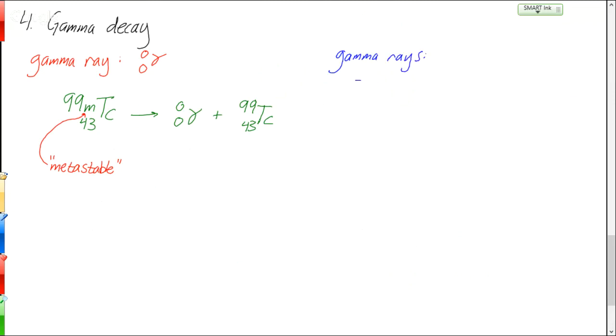All right, so things about gamma rays. They are pure energy, which is a form of light. So they don't have any mass, which means that they are extremely penetrating. They can go through whatever, because they can pass in between the nucleus and the electrons of anything.